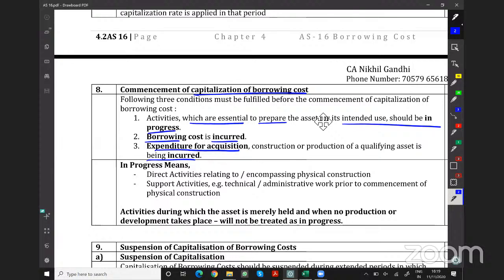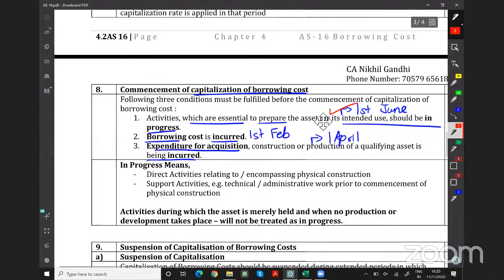I've purchased the material on 1st of April. The loan was taken on 1st of February. And the activities relating to the same were started on 1st of June. So the start date will be 1st of June.